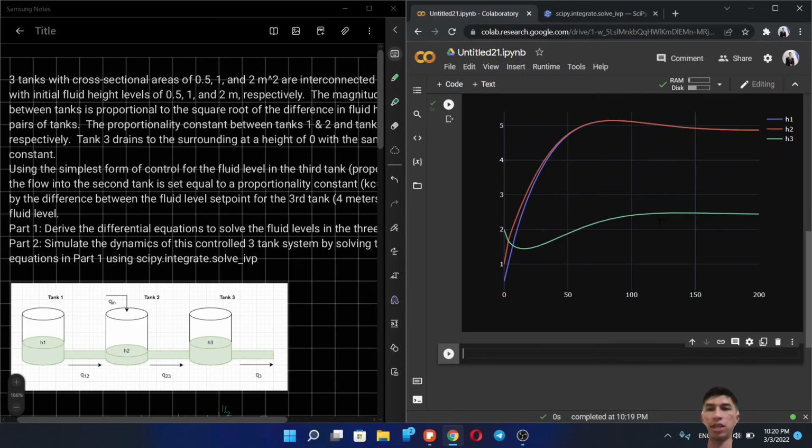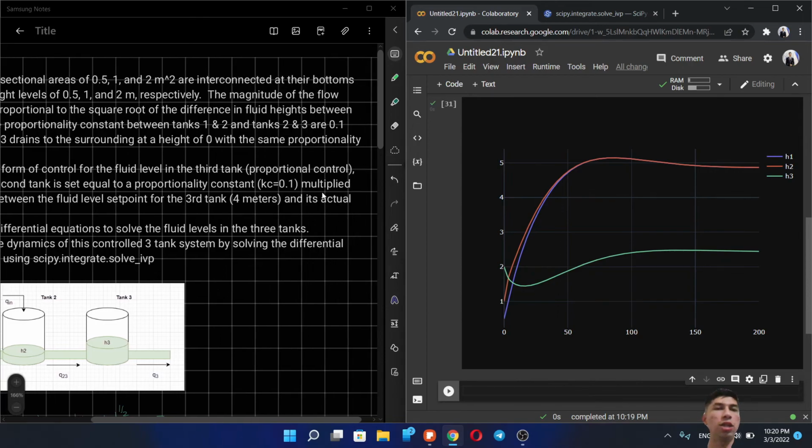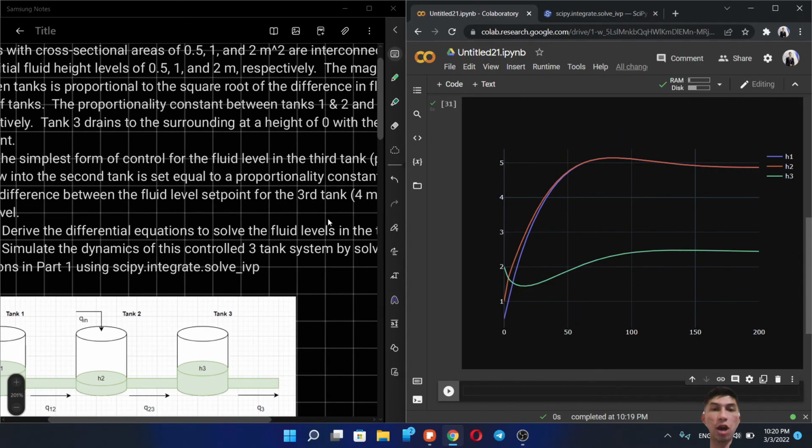Okay, now we can see the variation between the flows of 3 tanks. Initially we defined our set point as 4 meters, but here we see our third tank is not even going to 3 meters. This is because of our proportionality constant.